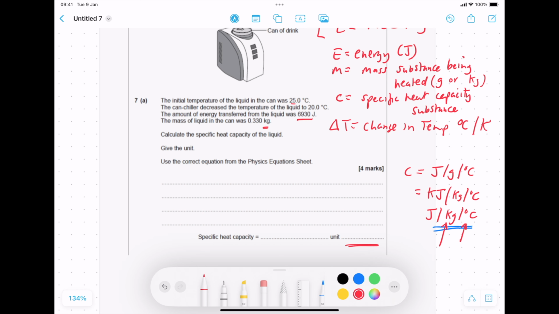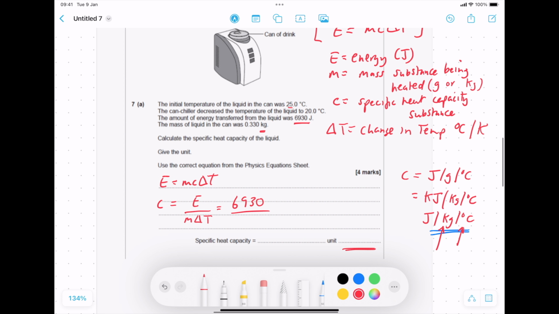So let's go and work it out. So E equals mc delta T. Rearranging the equation gives me, so the energy is 6930. The mass of the liquid where the energy change is taking place, so the liquid's either being heated up or in this case being cooled down, is 0.33 and then times delta T. So the temperature starts at 25 and then is cooled to 20.